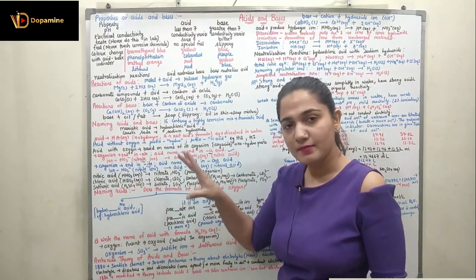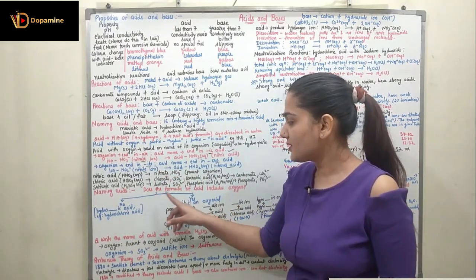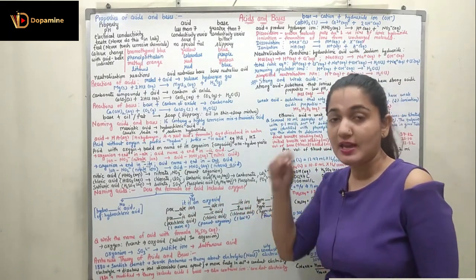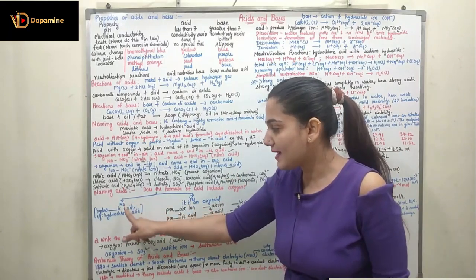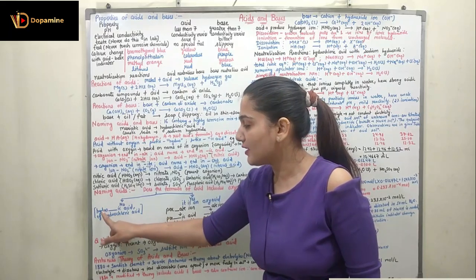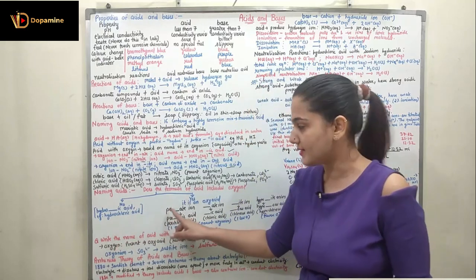Now coming to the chart where we are studying how to name the acid. Does the formula of the acid include oxygen? This must be our first question. If the formula of the acid does not involve any oxygen, the name of the acid is in the form hydro-ic acid, for example hydrochloric acid.